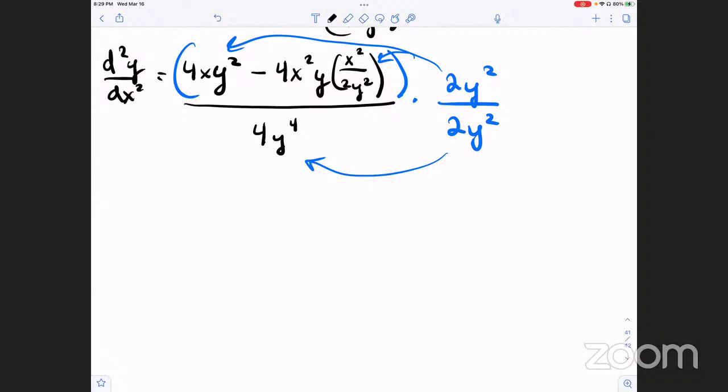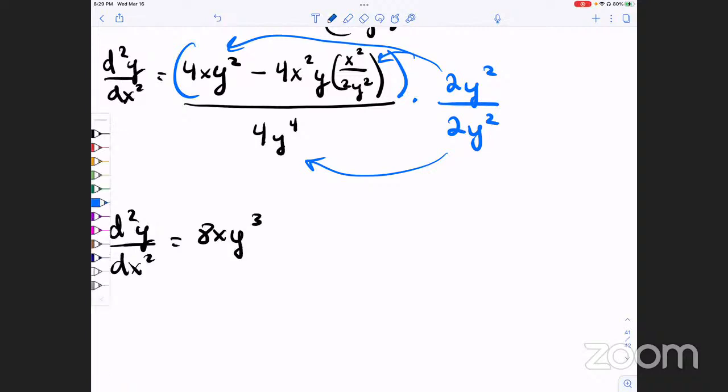Okay. So the second derivative of y with respect to x ends up being, now if we distribute that, that gives us 8xy to the third. Let me see. I think those cancel, right? This is canceled by this. So we don't need it in the second part.